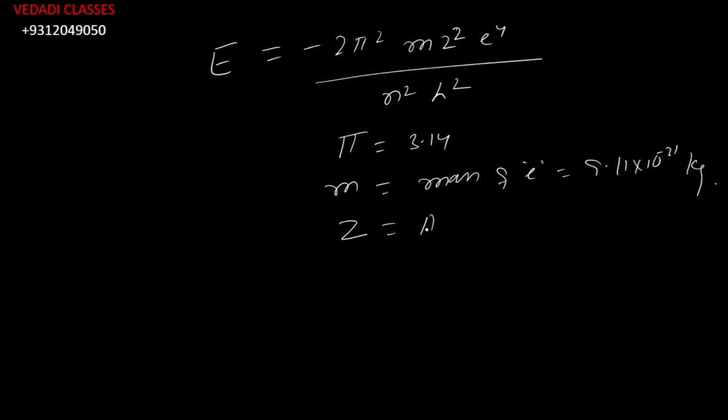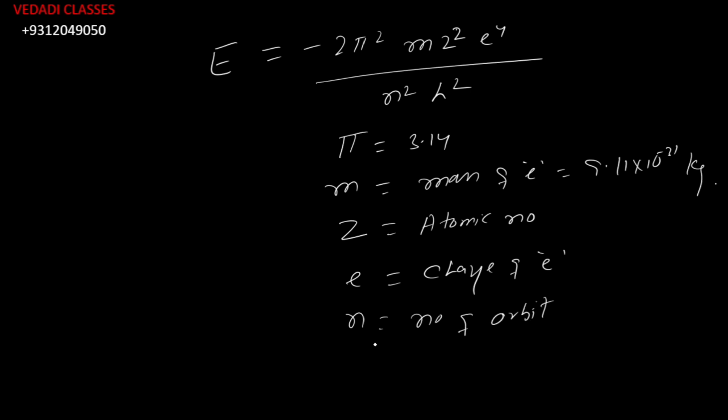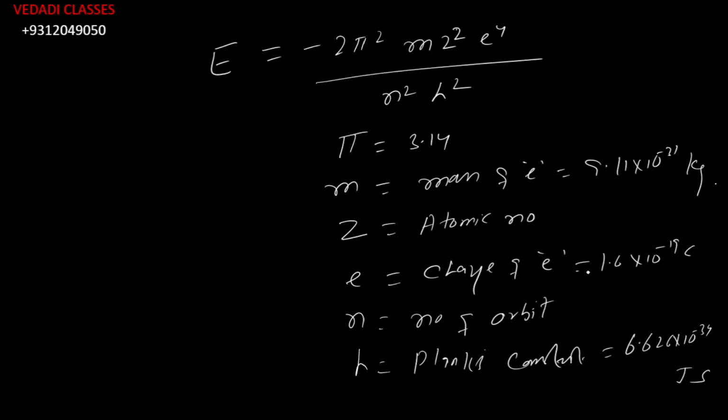Z is the atomic number. e is the charge of the electron. n is the number of the orbit, as we have studied in the principal quantum number. h is Planck's constant, and its value is 6.626 into 10 power minus 34 joule second, and the charge of the electron is 1.6 into 10 power minus 19 coulomb.